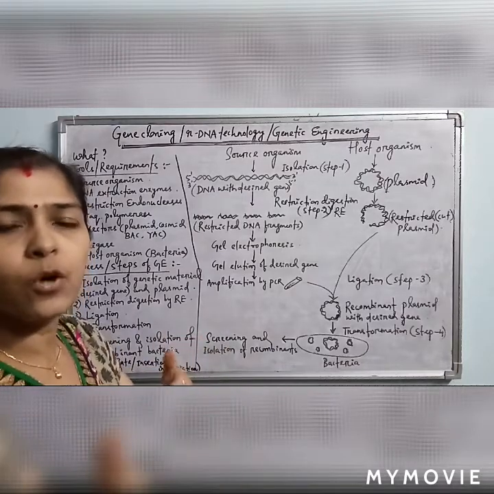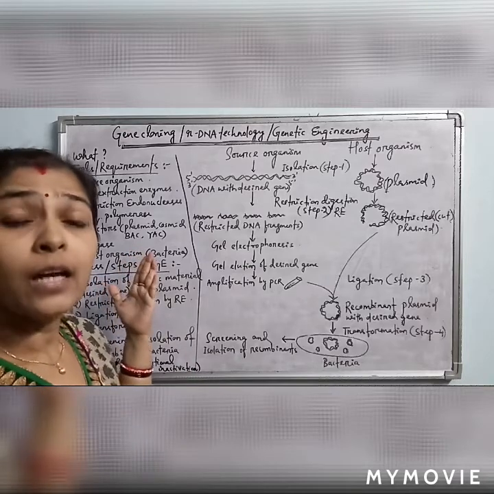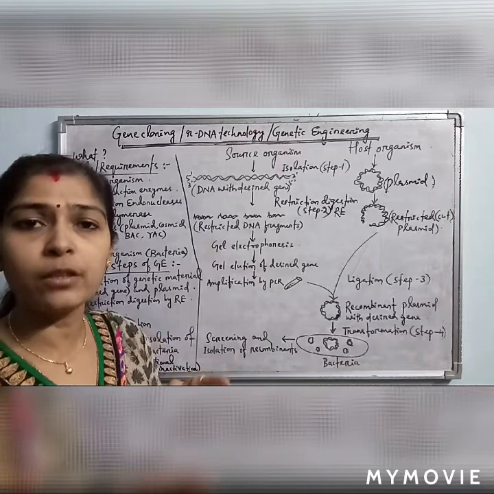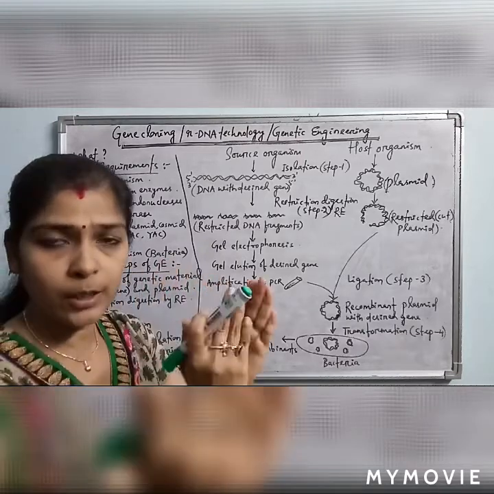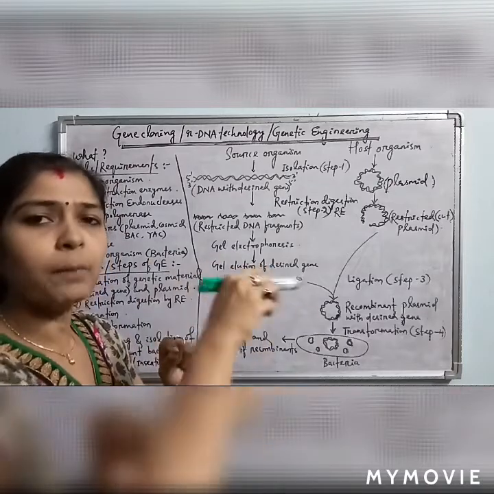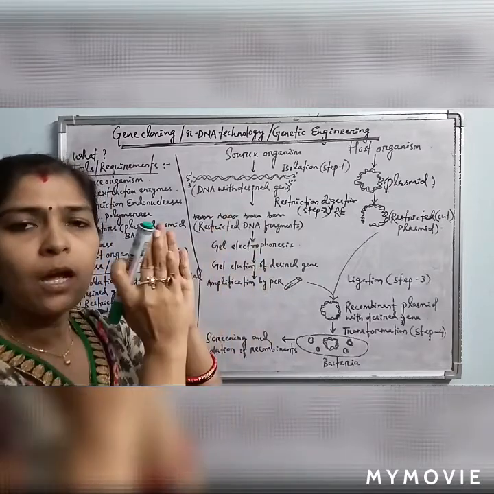Ligation is done by the enzyme ligase. It causes the 3', 5' phosphodiester linkage between the terminal nucleotides of the DNA fragment having the desired gene and the cut plasmid.